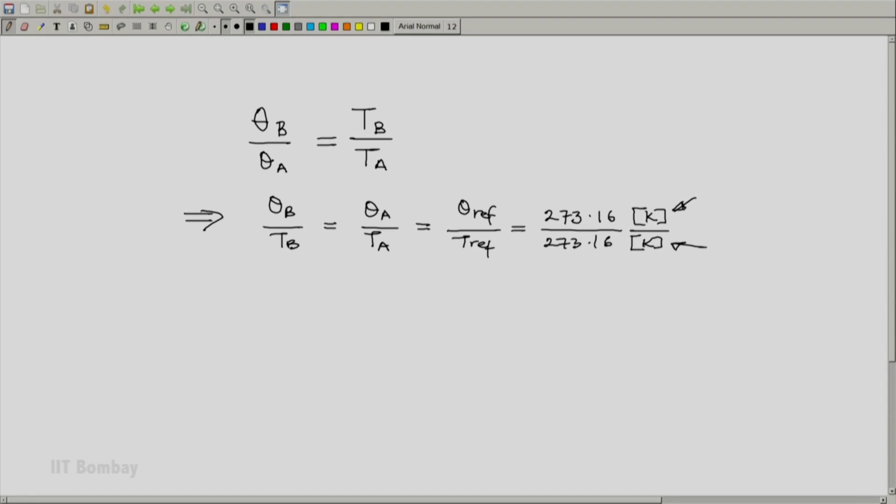And since this equals 1, we have been able to show that the temperature measured on the thermodynamic Kelvin scale equals the temperature measured on the ideal gas Kelvin scale.